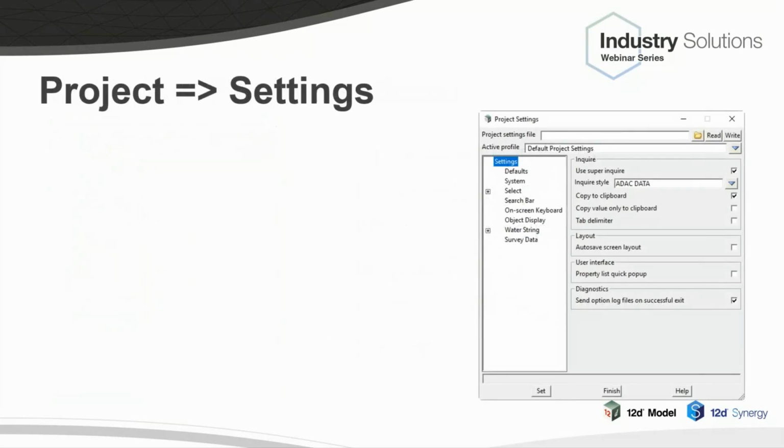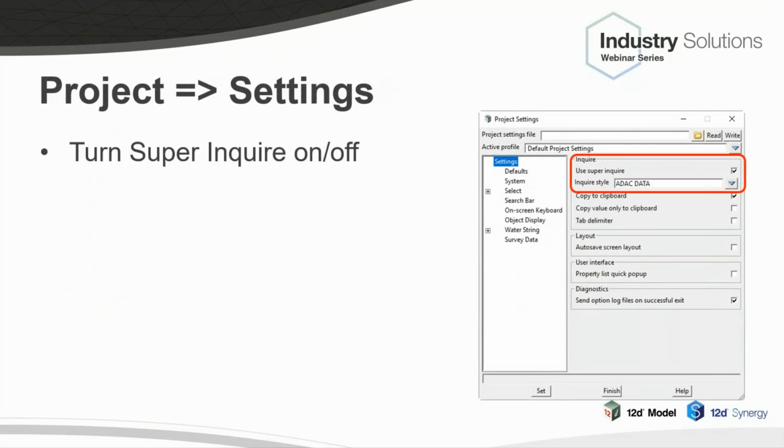For example, under project settings, on the first screen that you see, it's actually got a thing where you can tick on whether you want the new super inquire or you want to go back to the old inquire. So that's available there, and then it will stay there whilst you're in this project. And you can also there pick your inquire style, which you can also do when you do the inquire. So we'll see some of those things in action. Those things are there, just again a subset of what you could do with the full 12D Model.